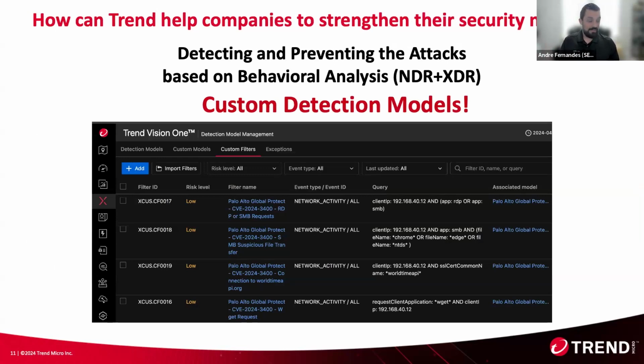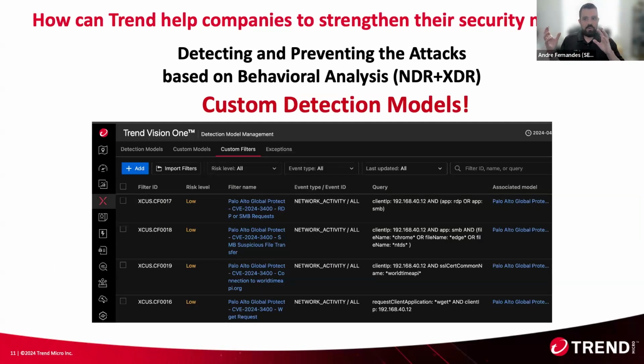And how can we really enable the solution to do that? I think most of the people on this call are familiar with Trend Vision One. Trend Vision One is our XDR platform, so not just Trend solutions, but also other solutions, including Palo Alto, can be connected to this platform. Something we can do here, as you can see, is custom filters and custom detection models.